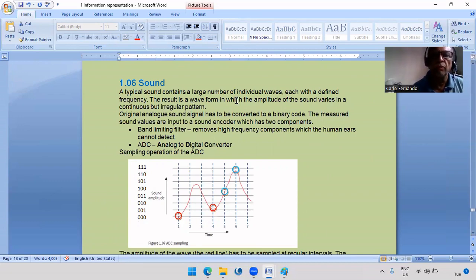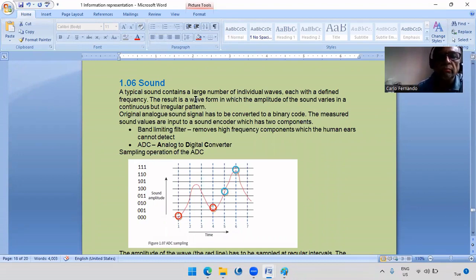Sound contains a large number of individual waves, each with a defined frequency. The result is a waveform in which the amplitude of the sound varies in a continuous but irregular pattern.